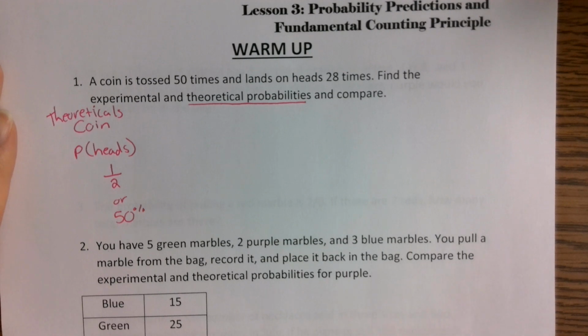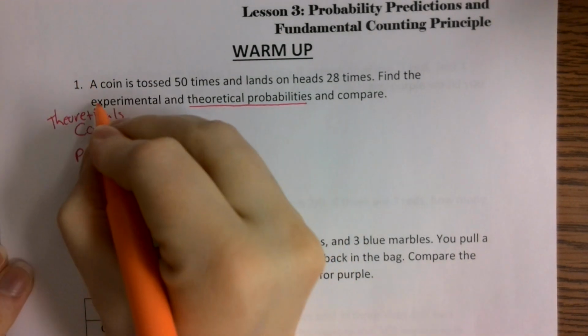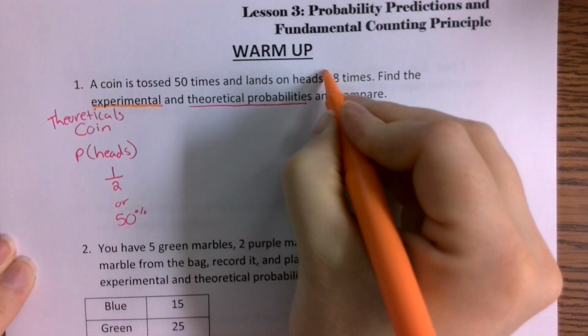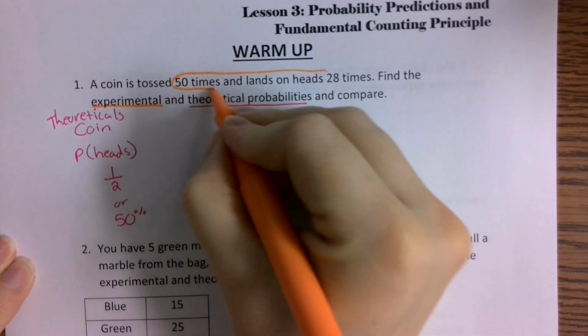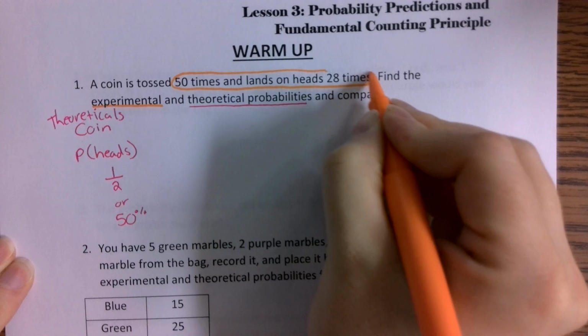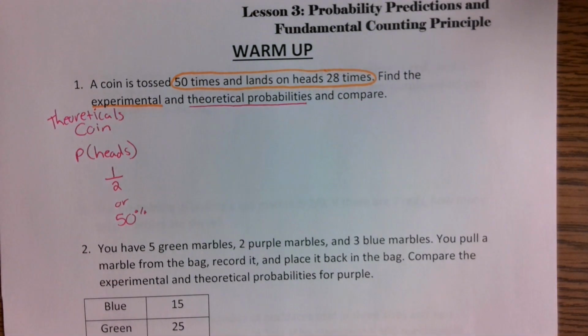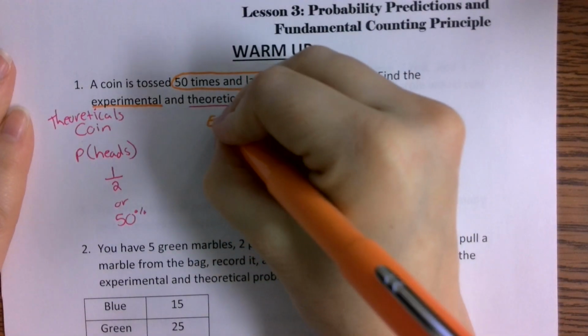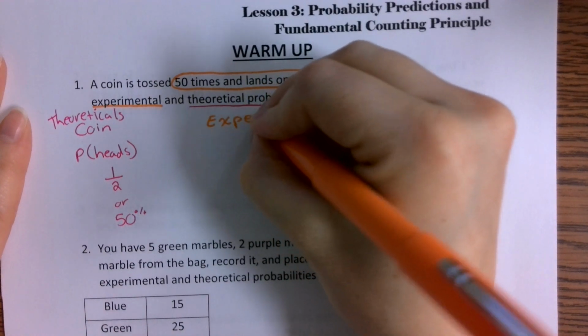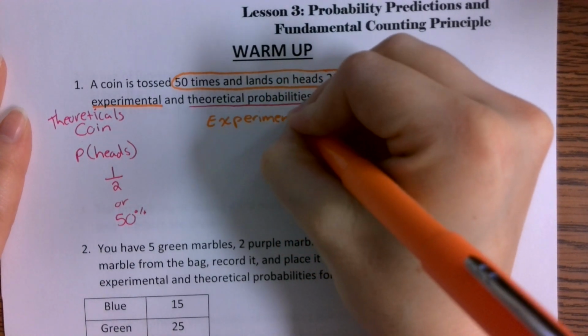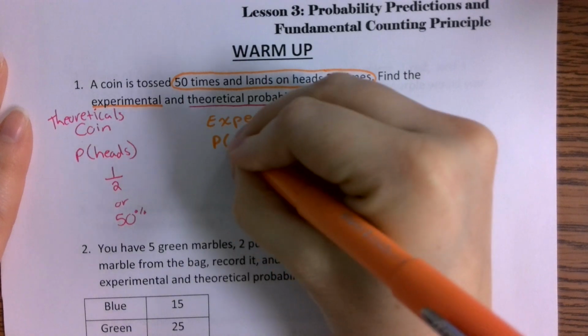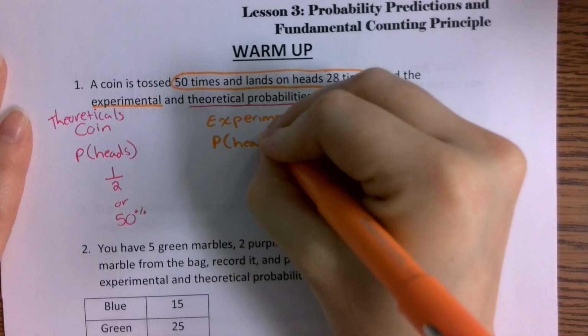Now, our experimental probability is going to be based off of this information right here. When we're talking about our experimental probability, we are focusing on this information. So for our experimental probability, the probability of landing on heads happened how many times?